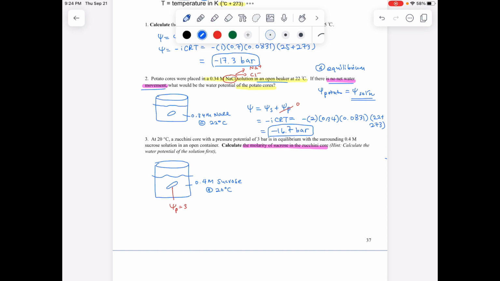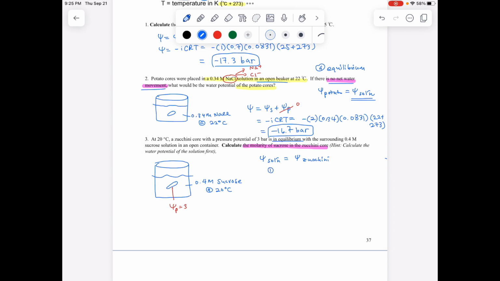So this really is a two-step question. Again, it says that this is an equilibrium, which means that the water potential of the solution that's on the outside of the cell is equal to the water potential of the zucchini core that's submerged in it, right? So what we're going to do is calculate the water potential of the solution first.